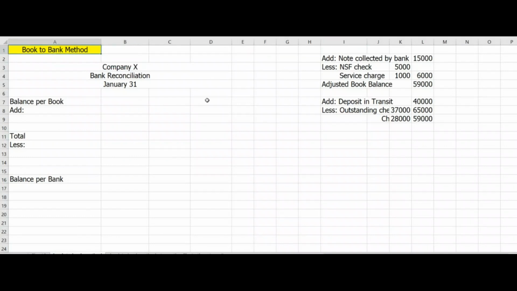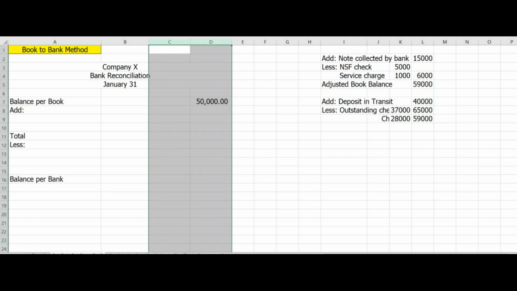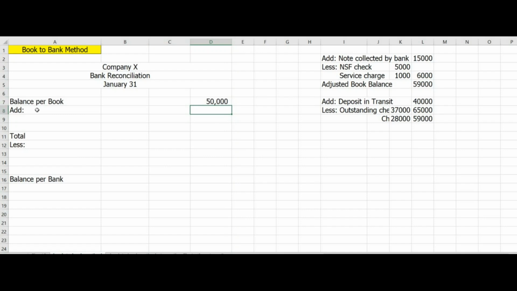Take note, class, that our objective here is to reconcile the balance per book to the balance per bank. Let's start with the balance per book.